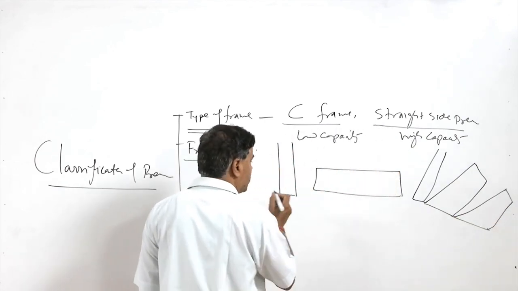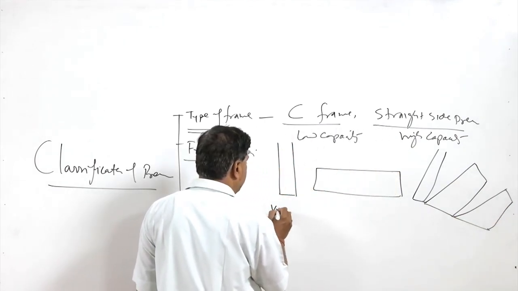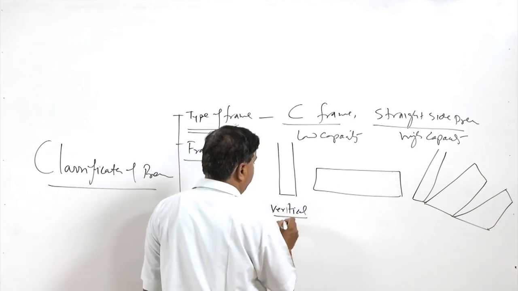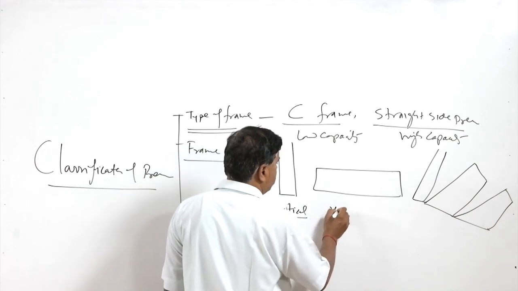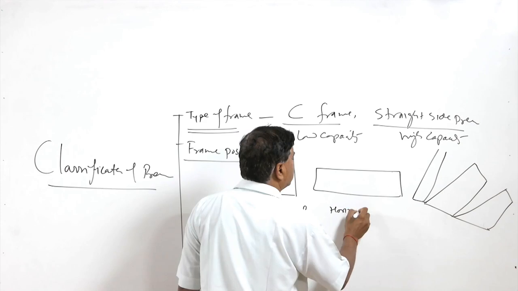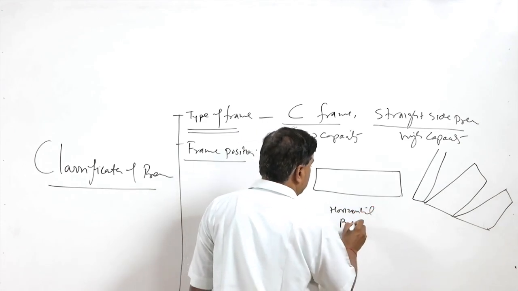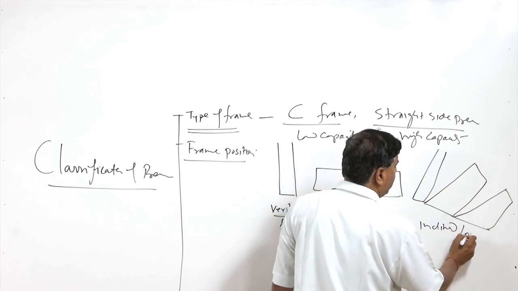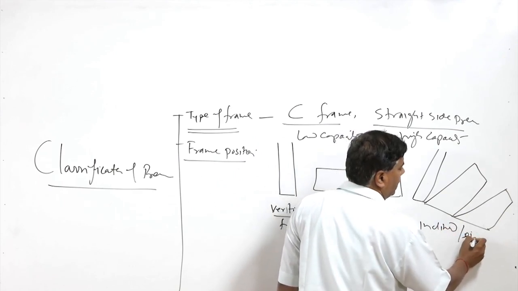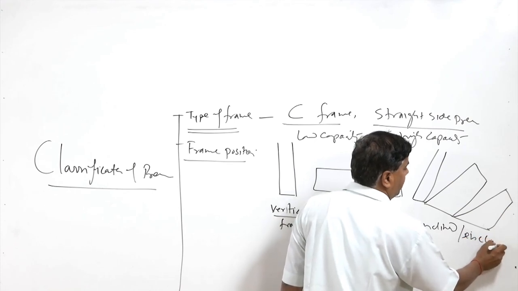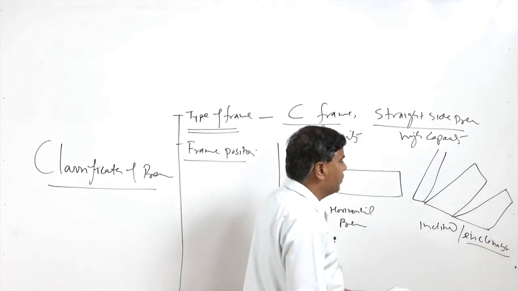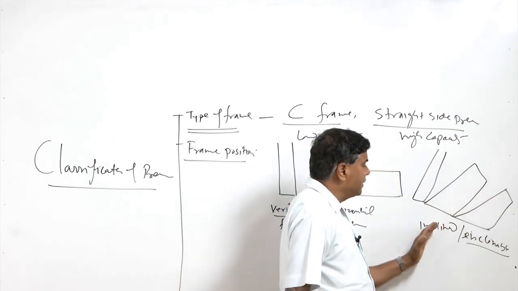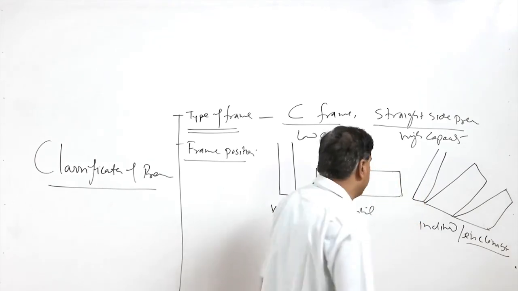So, there are three types: vertical frame press, horizontal press, and inclined or inclinable. An inclinable press is one which allows us to set the frame at different angles, and an inclined press has the setting at one particular angle.